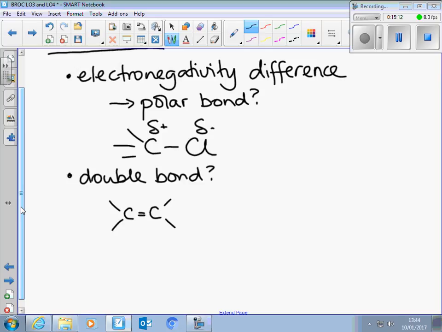What this is showing us between the two carbons is two shared pairs of electrons. If we were to draw that as a Lewis diagram, we'd have 4 dots in the middle. Now, you can't actually have all 4 electrons spending equal time round the two carbons. It doesn't work like that. So what we actually have is the two carbons joined in the middle by a single shared pair of electrons, and that is the sigma bond.